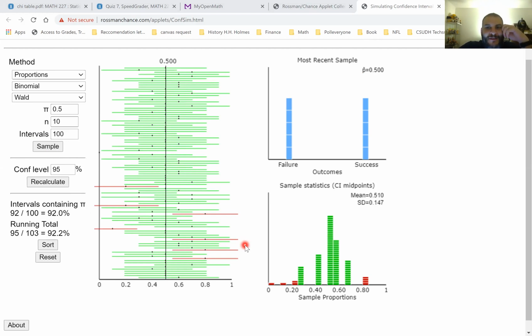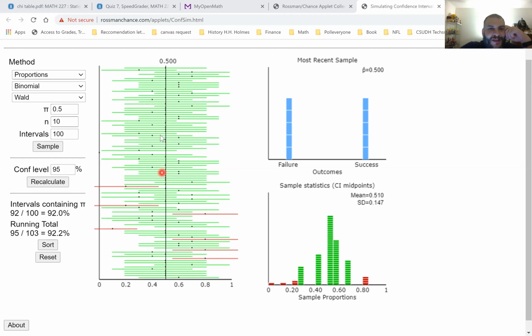So what type of line do we see? We see green lines, but we also see what type of line? Cool. So we also see red lines. What do you notice about the red lines? Why do you think they're red and not green? Well, they're not outliers, but what's going on with them?